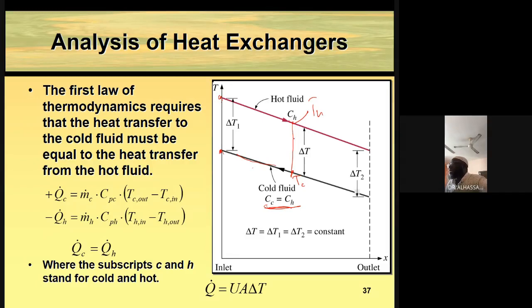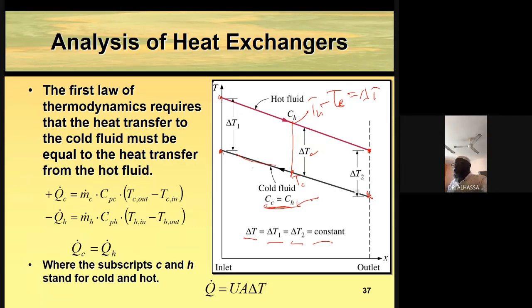The difference between them, T hot minus T cold, gives us delta T. Similarly, if you determine the temperature over here and over here, the difference is going to give you delta T. However, this delta T is the same as delta T1 equals delta T2, and this is a constant. And this constant is as a result of what? The same specific heat capacity.